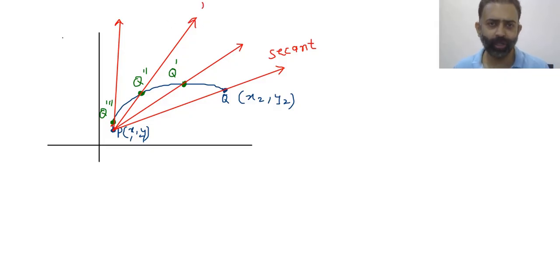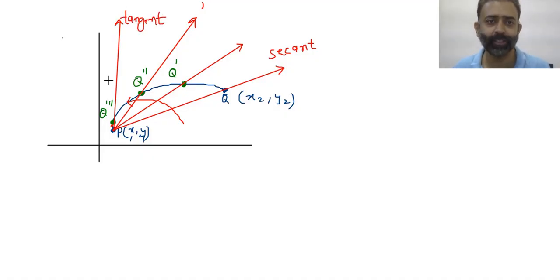So what we are basically doing is bringing this point Q closer to point P. And you can see the effect of this anti-clockwise movement of point Q, or this anti-clockwise movement of the secant. This secant is basically becoming the tangent line.